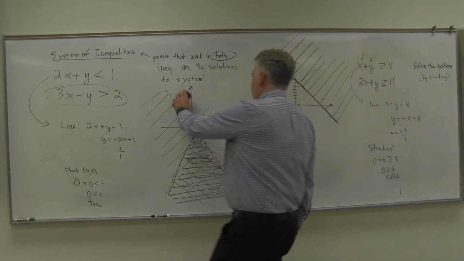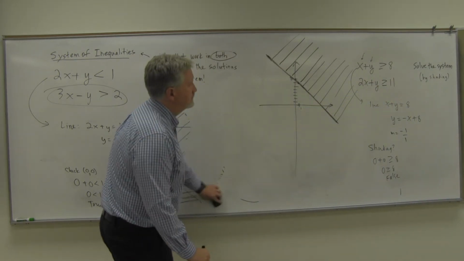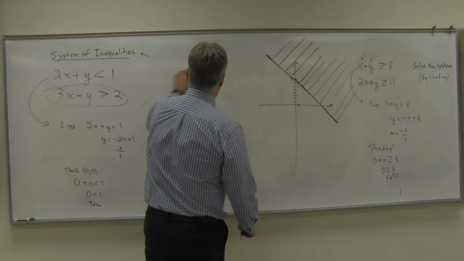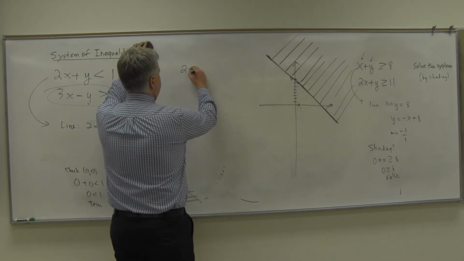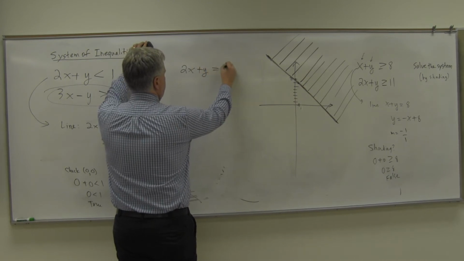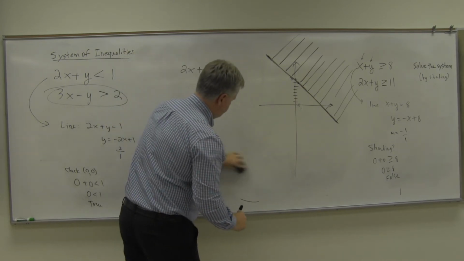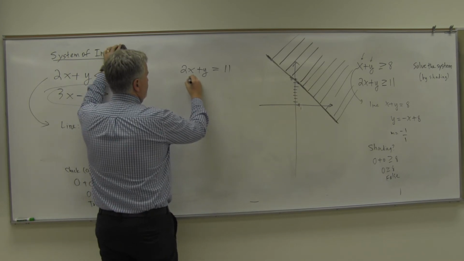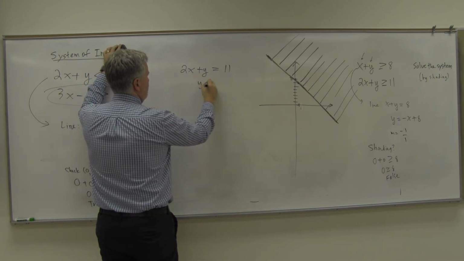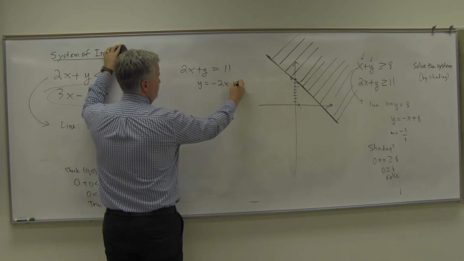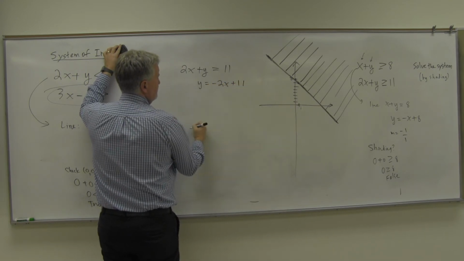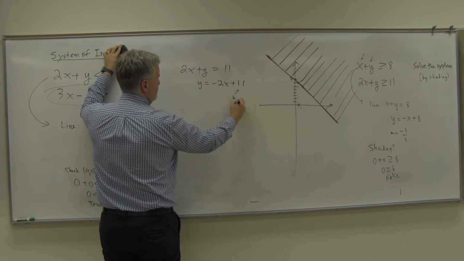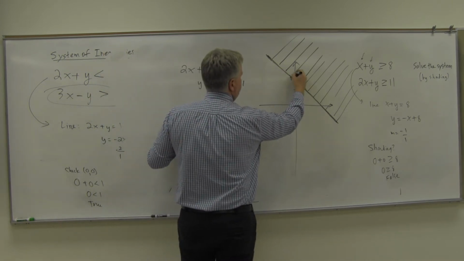All right, now let's do the other line, which is 2x plus y greater than or equal to 11. So that would be y equals minus 2x plus 11, right? So my b is 11, y-intercept.